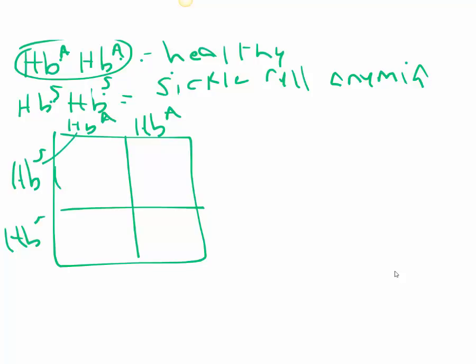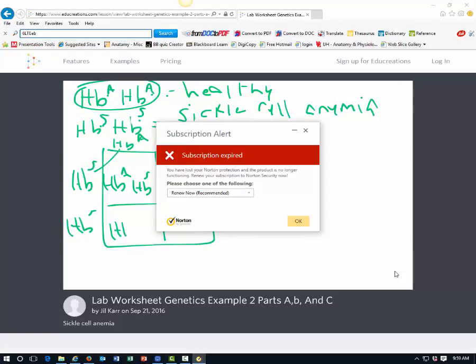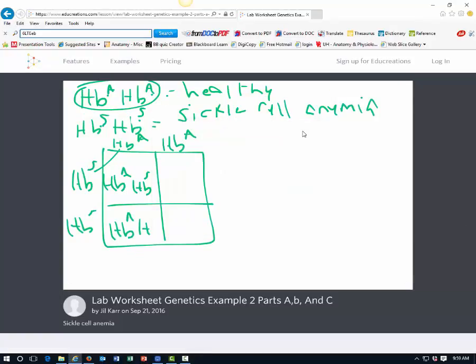So when these come together, we're going to have HbA, HbS. Same thing here. All the children, if we do our Punnett Square crossing over like we did in the other examples, are going to be heterozygous, HbA, HbS.